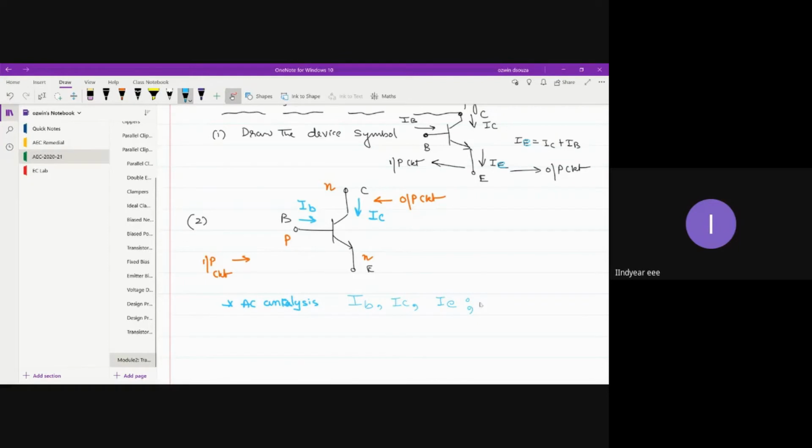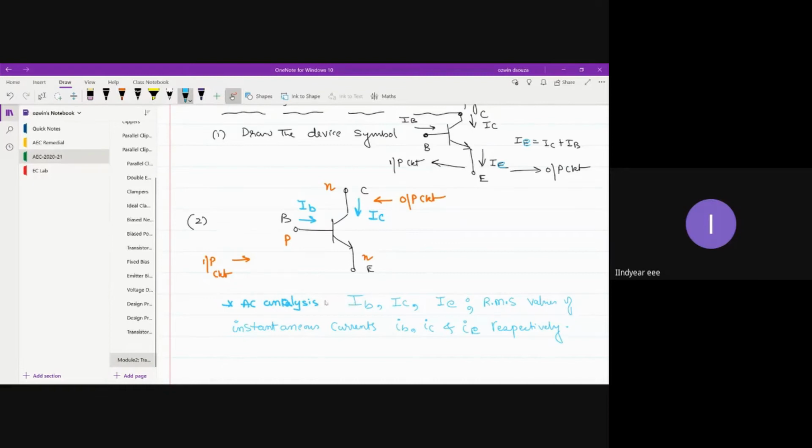These currents represent RMS values of the instantaneous currents ib, ic, and ie respectively.